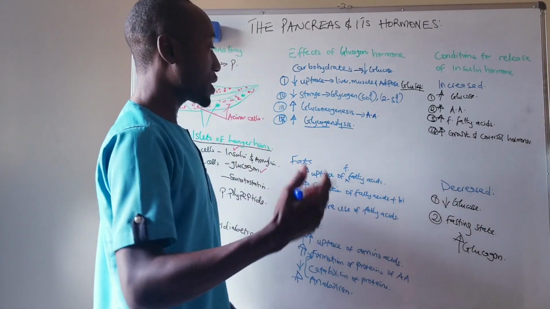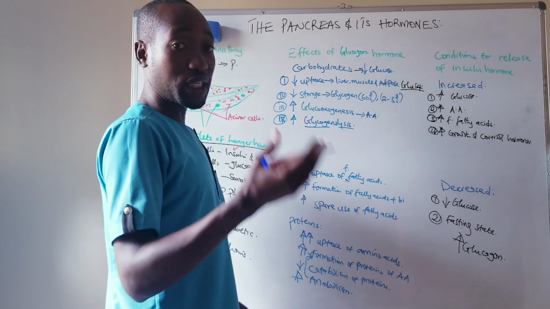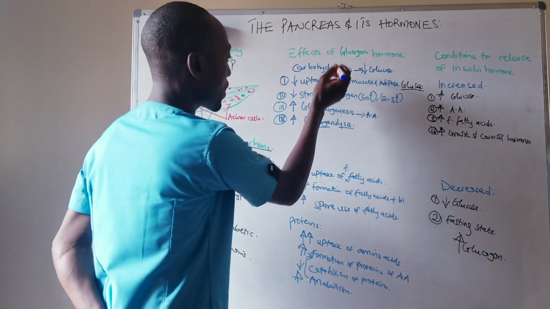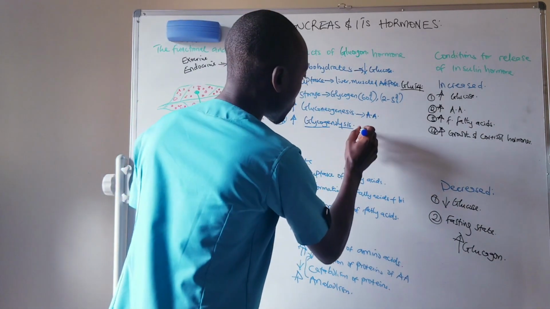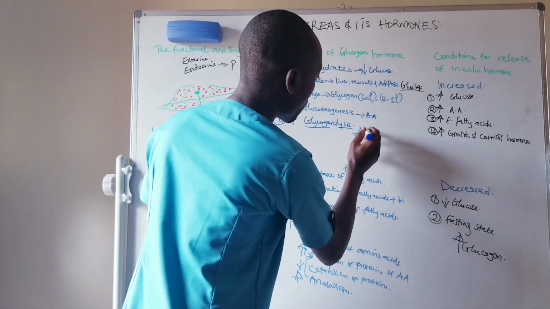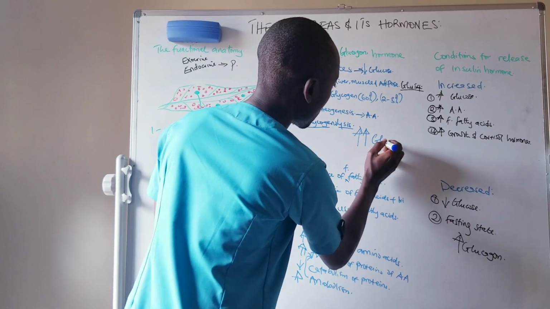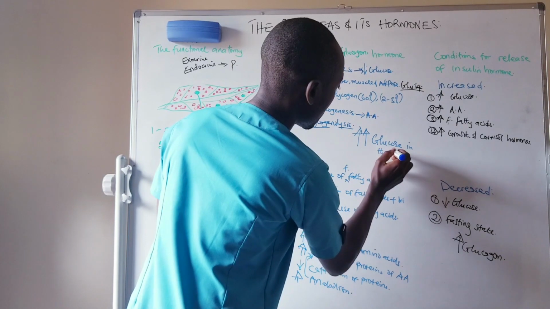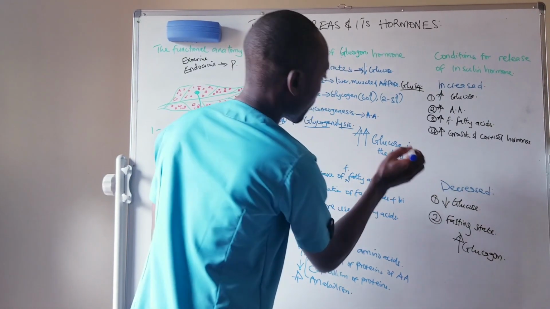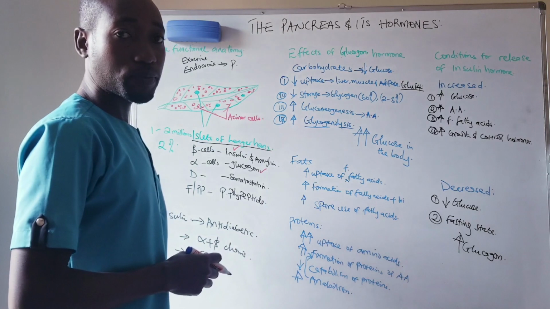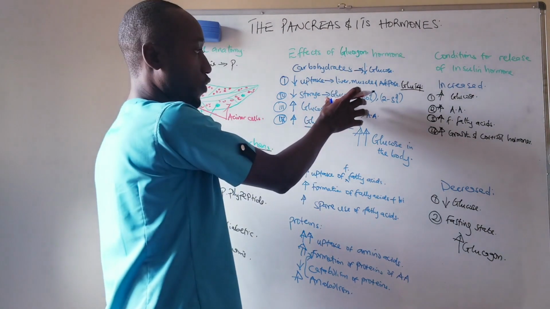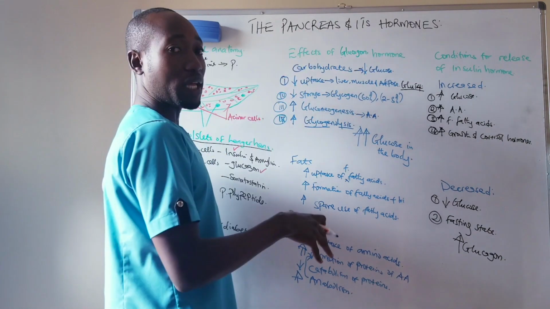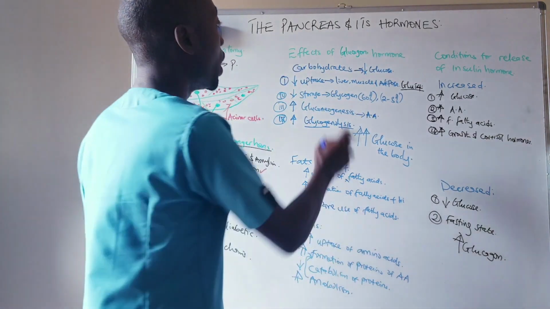It is going to increase breakdown of glycogen into glucose molecules. And of course, as a result, all these are going to result in an increase in levels of glucose in the body. Okay, I hope you won't forget this. At least when you know about the effects of insulin, then you can know that the reverse is actually true for glucagon.